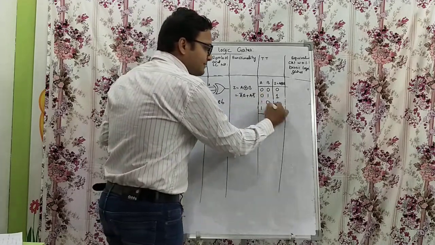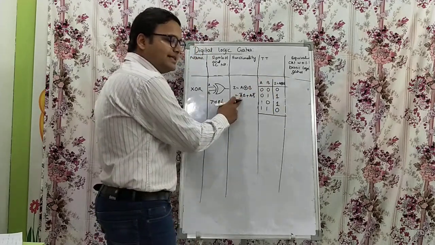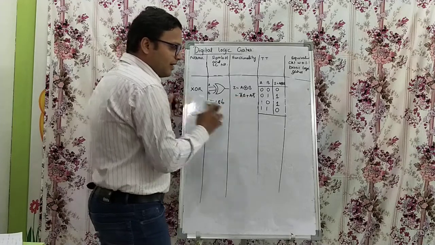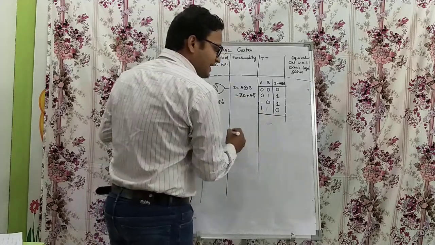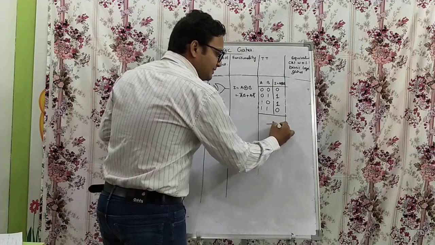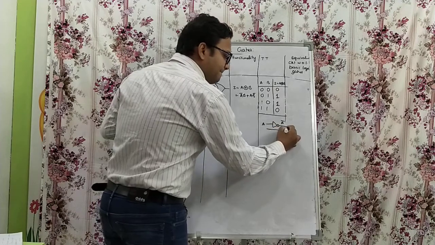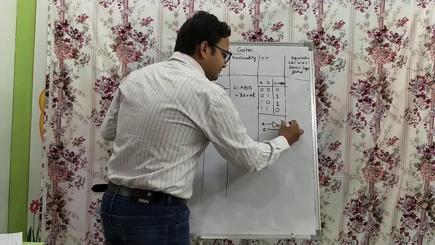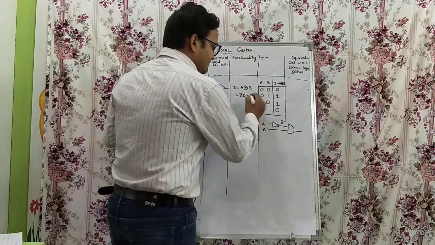1 1 gives 0. So what is the equivalent circuit with respect to gates? We can design this with the help of basic gates. Check out here: A bar B. So this is A bar, B, AND gate. Next A B bar.